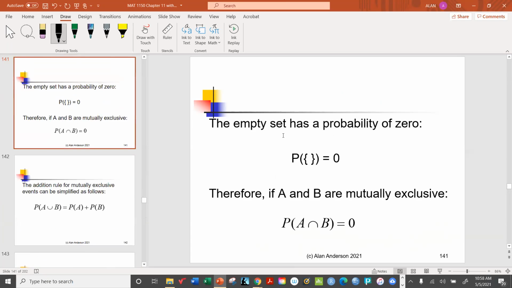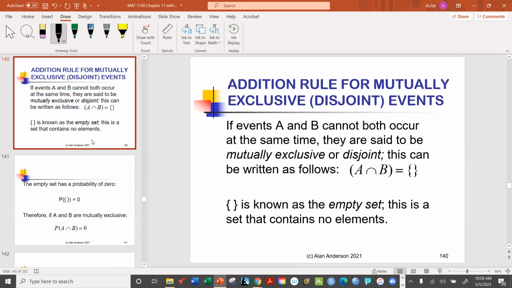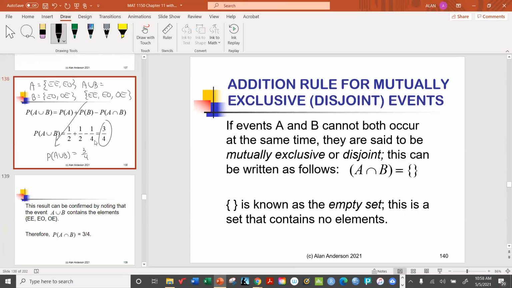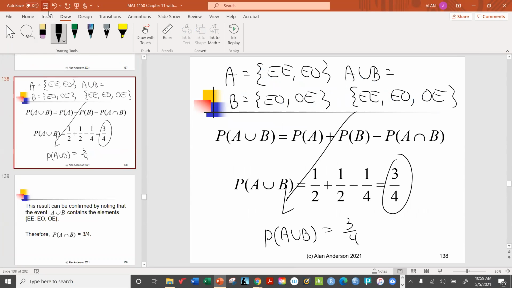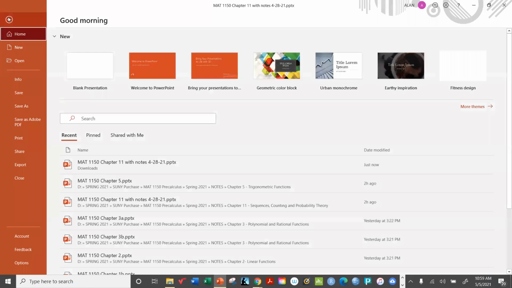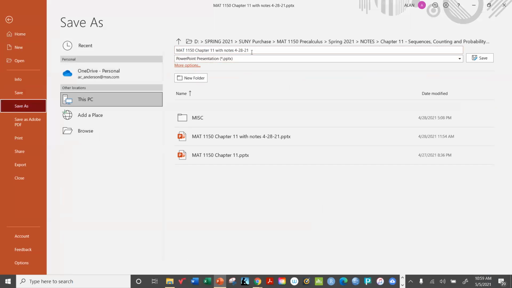All right. Well, anyway, back to this. Let me do one thing here. Update the date on these notes.